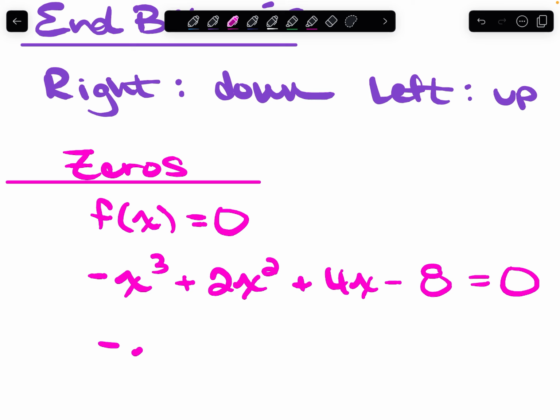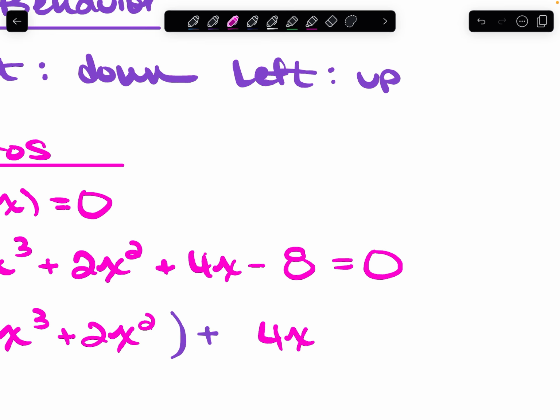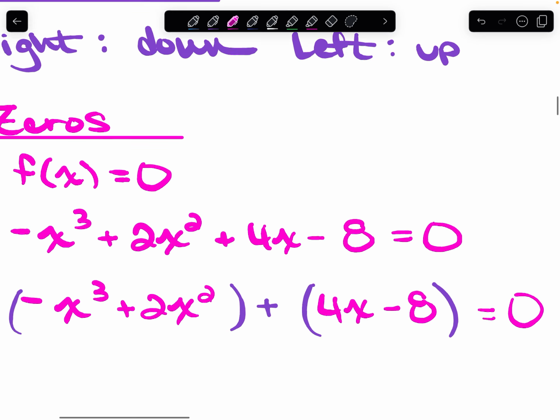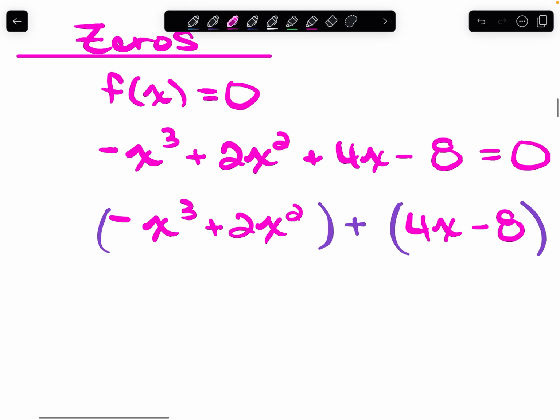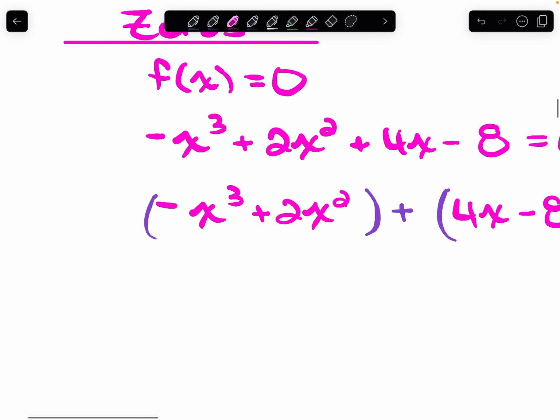So I'm going to put the first 2 terms in a group on their own, plus sign between. Second 2 terms going in a group of their own. And then within each group, we take out the common factor. So negative x cubed plus 2x squared, we want to take the negative out since it's on the front.